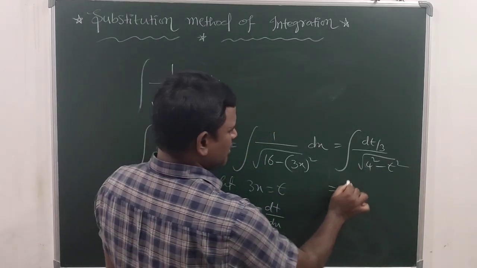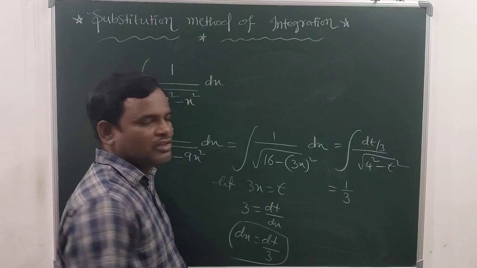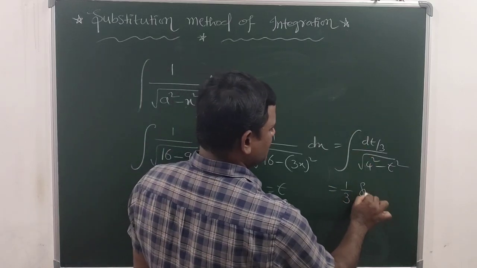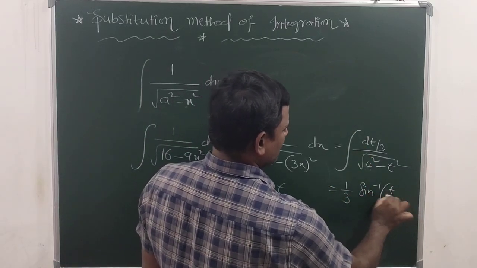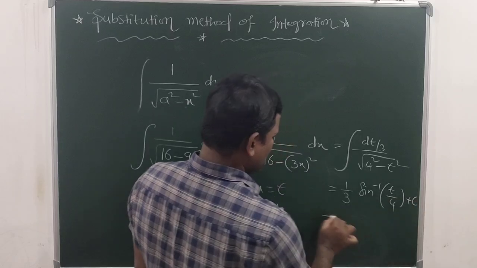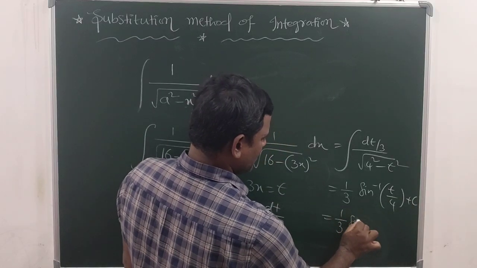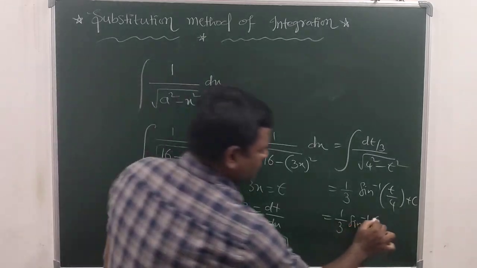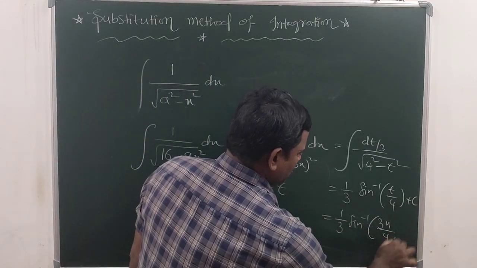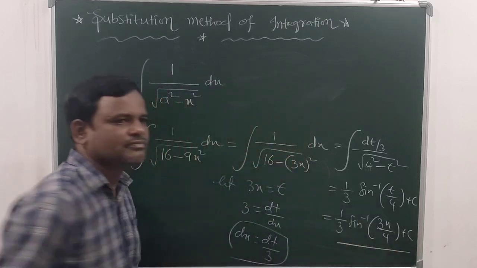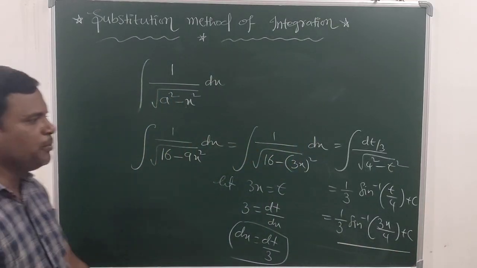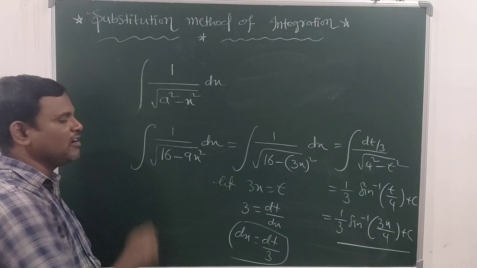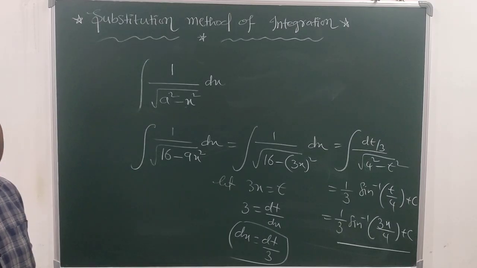Okay students, now 1 by 3, so the integral of this value is sin inverse of t by 4 plus c. So 1 by 3 sin inverse of t value, so 3x by 4 plus c. Like that you have to evaluate integrals of this kind of functions.